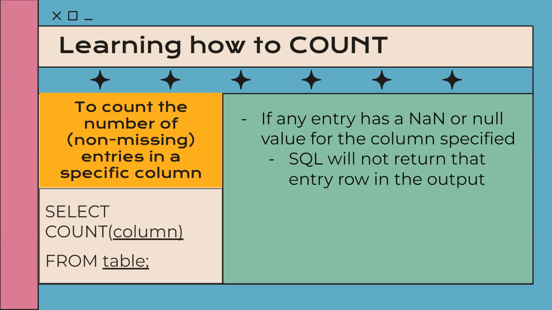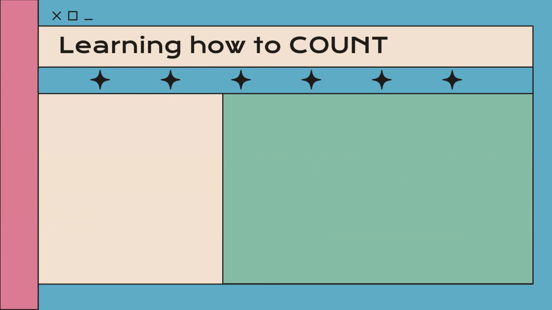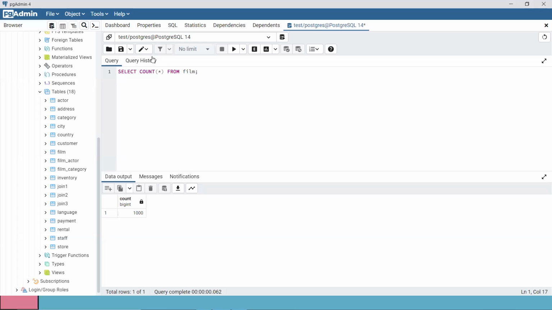So I think the main difference between using one column and all the different columns using the asterisk is that if you use the asterisk, if even one singular column has a missing entry, SQL will not return the entire row. But in this case, because we're only looking at a specific column, even if that row has a missing value elsewhere, it doesn't matter because we're just looking at that row in this column. Let's try it out as well. SELECT COUNT, and then I want title, which is the column name, FROM film, and then yeah, I have 1,000 non-missing rows.